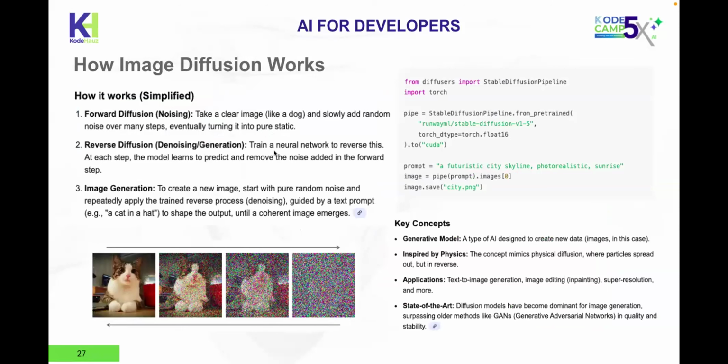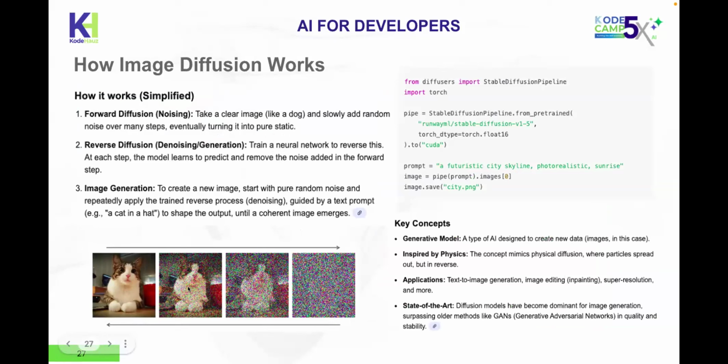So the process, like I've described already, if you look at it, the forward process, which is called noising, is that you take a clear image, like the image of this cat or a dog or any other image, and you slowly add noise to it gradually, right? As you're adding noise to it, you're actually taking checkpoints of it, right?